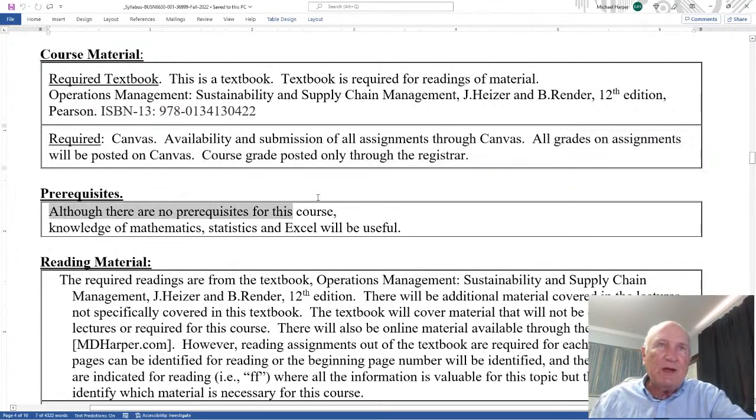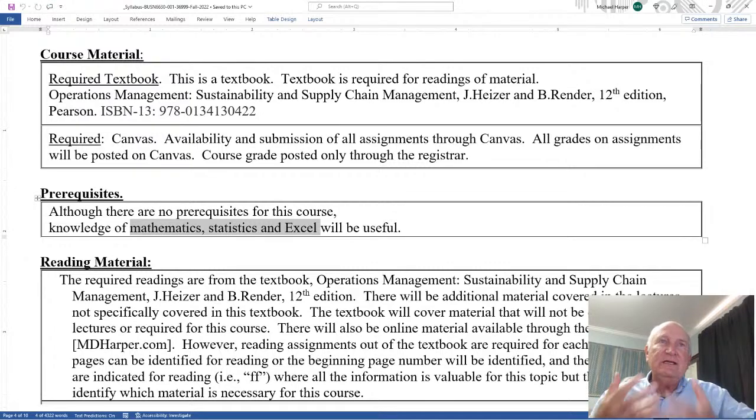Although there are no prerequisites for this course, knowledge of mathematics, statistics, and Excel will be useful. What I mean by this is that I use mathematics, I use statistics, and I'll use Excel in this course, but it's not part of the course. In other words, I'm not going to teach mathematics, statistics, or Excel.